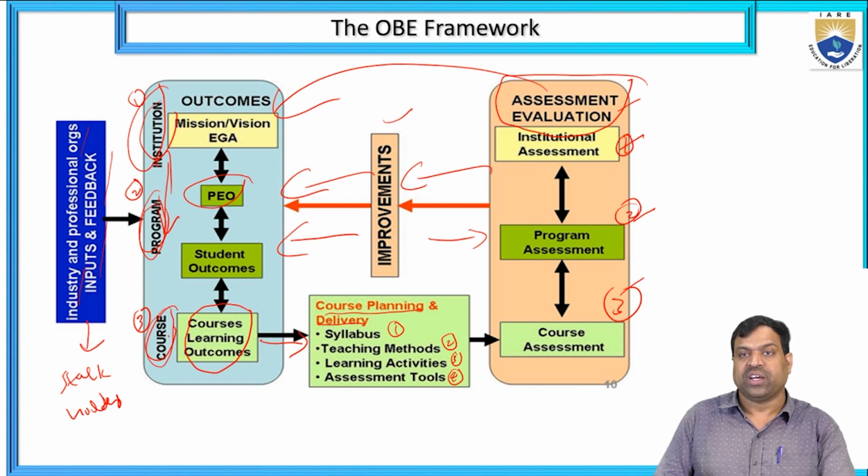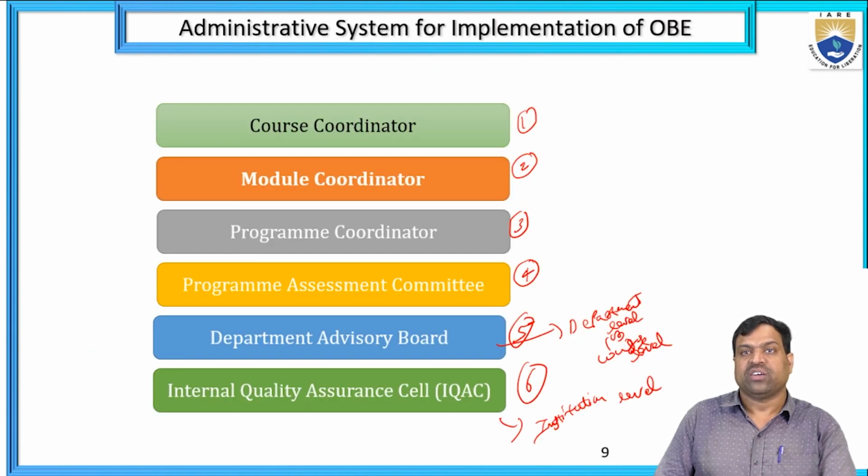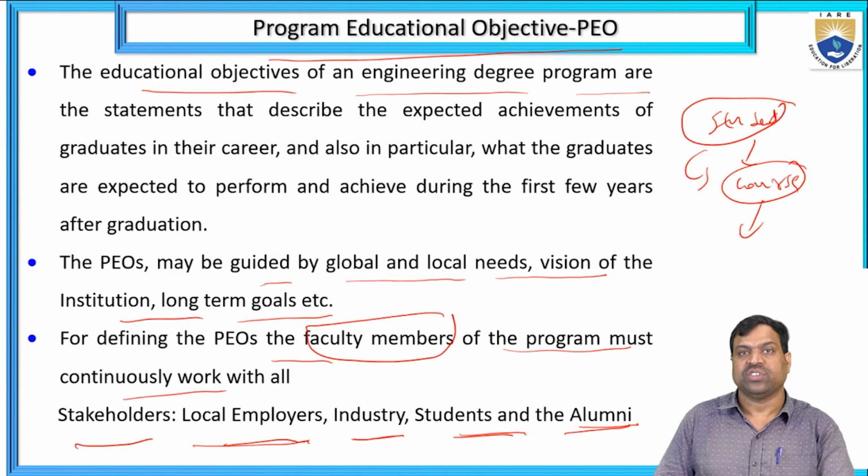So how we are planning the course means syllabus preparation, teaching methods, learning activities, assessment tools. Here, the administrative system for implementation of OBE from department level to institution level: course coordinator, module coordinator, program coordinator, program assessment committee, department advisory committee, internal quality assurance cell, IQAC.